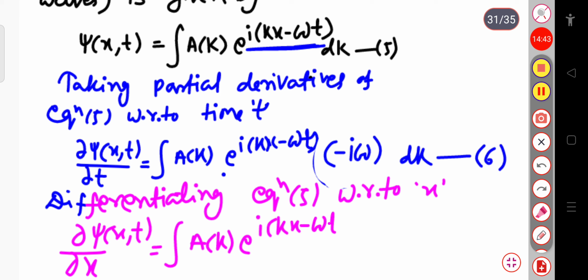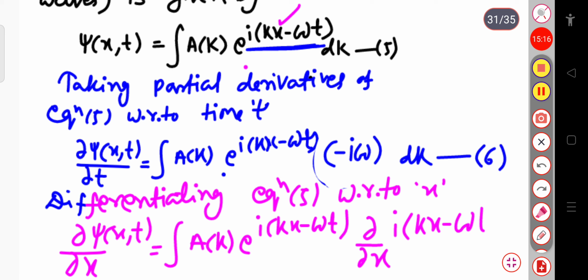Again, I am taking the derivative of this term, because the amplitude will remain as it is. It is a constant term, a function of k only. That's why a(k) will remain as it is. Again, in the exponential term the x term is present, so if I take the derivative of this exponential, this will be exponential of i(kx minus ωt), and again you have to take the derivative with respect to x of i(kx minus ωt).